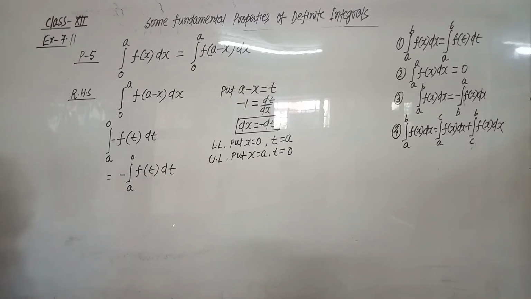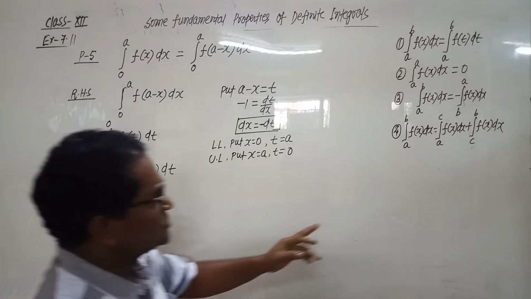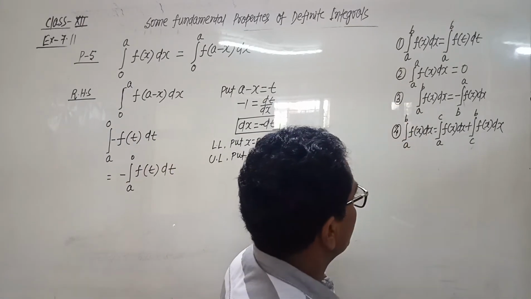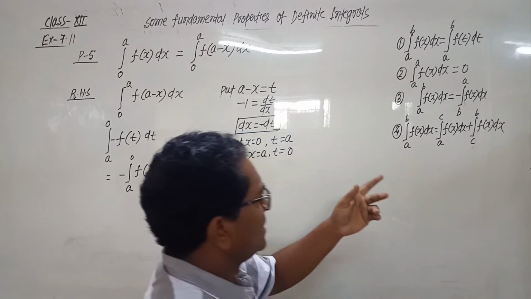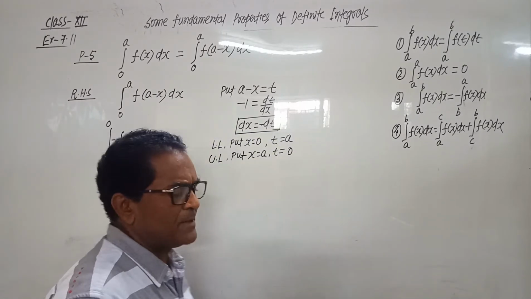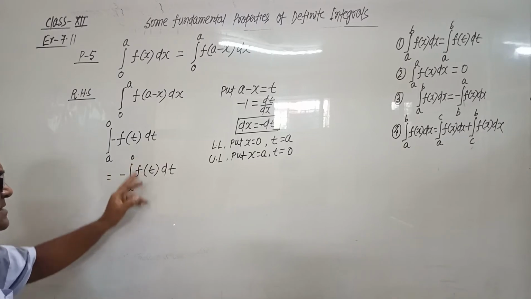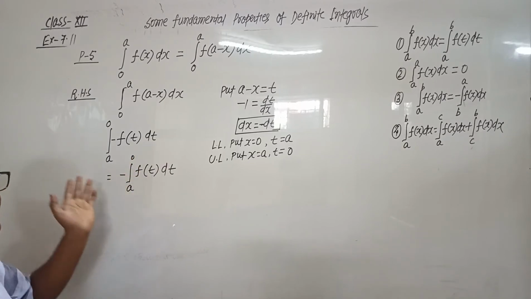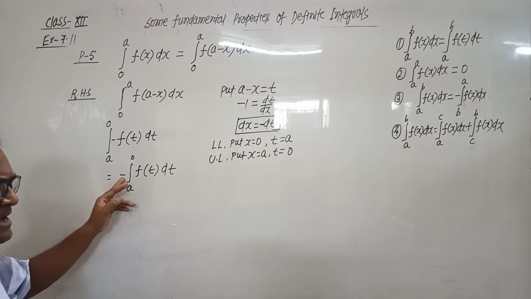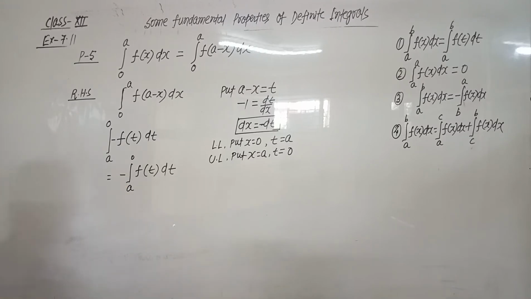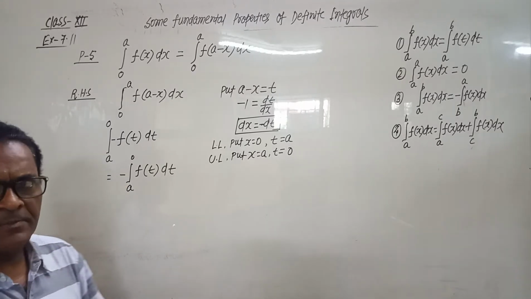Here we use property P3: integration a to b equals minus integration b to a of f(x) dx. When we interchange the limits, the sign changes: if there is negative, it becomes positive, and if there is positive, it becomes negative.